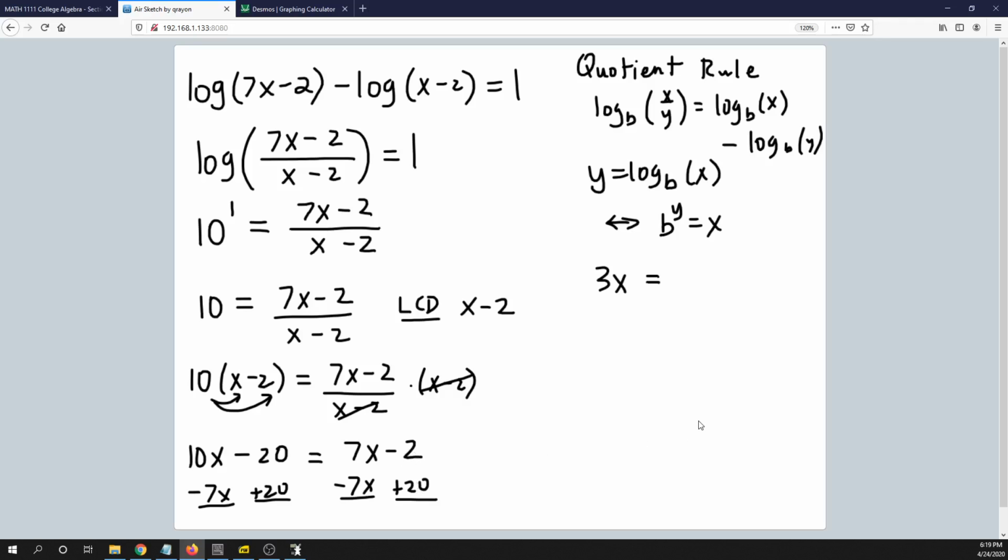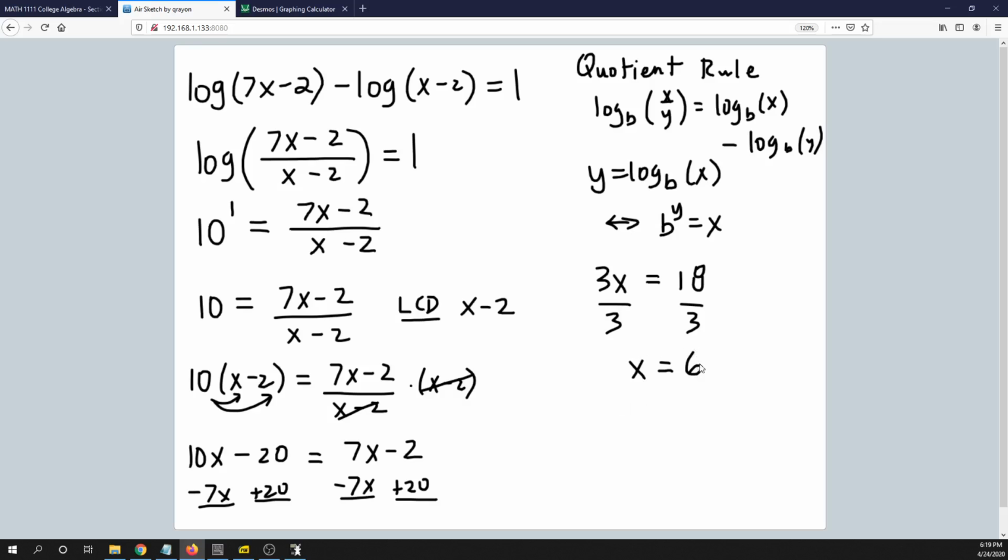That gives me a positive 18. All right, so now I have all the x terms on one side, all the non-x terms on the other side. I'm just going to divide both sides by 3, so I get x equals 6. There. All right, so x equals 6 is the solution to this equation.